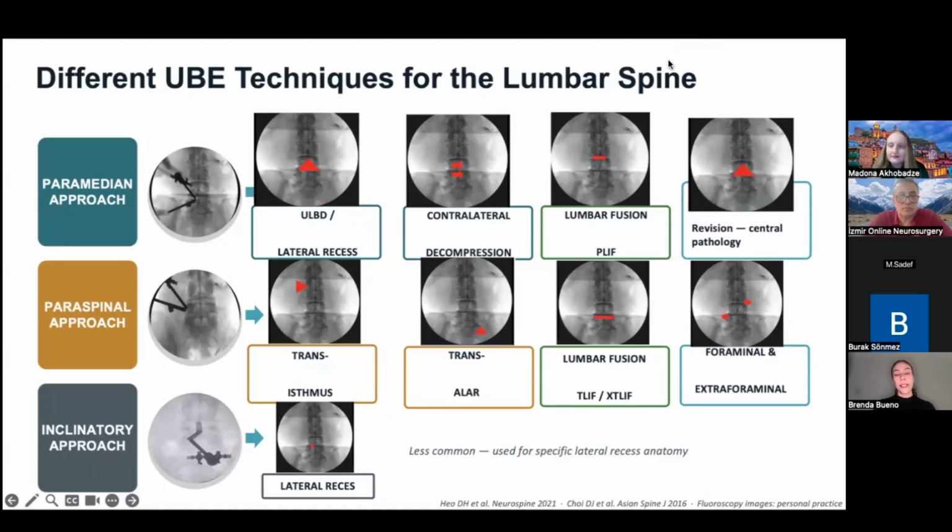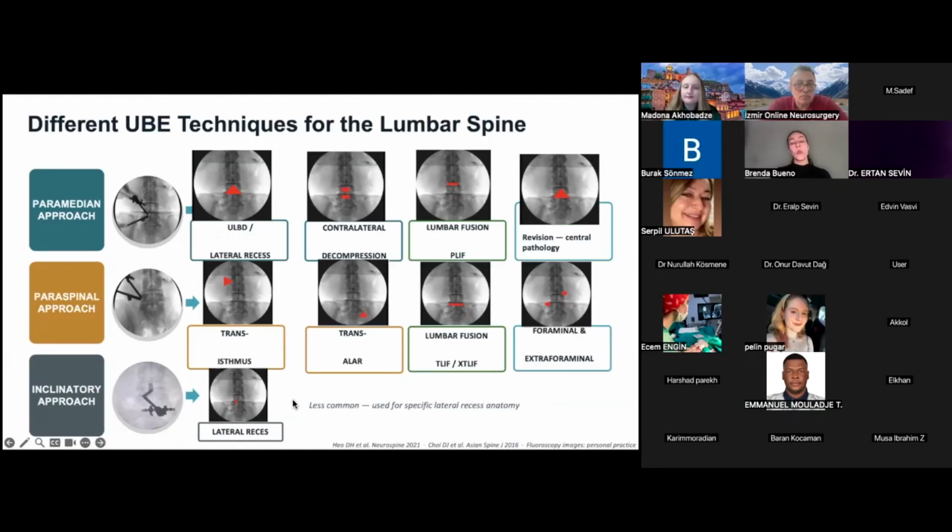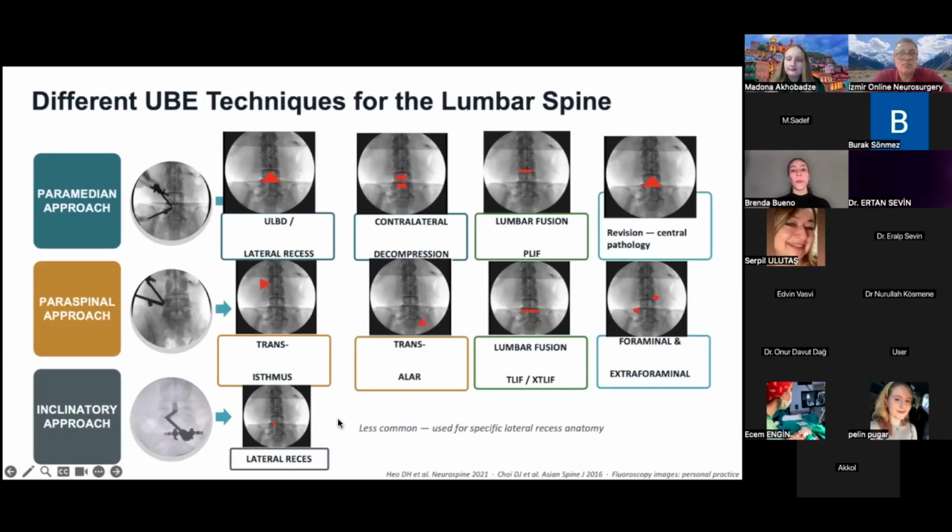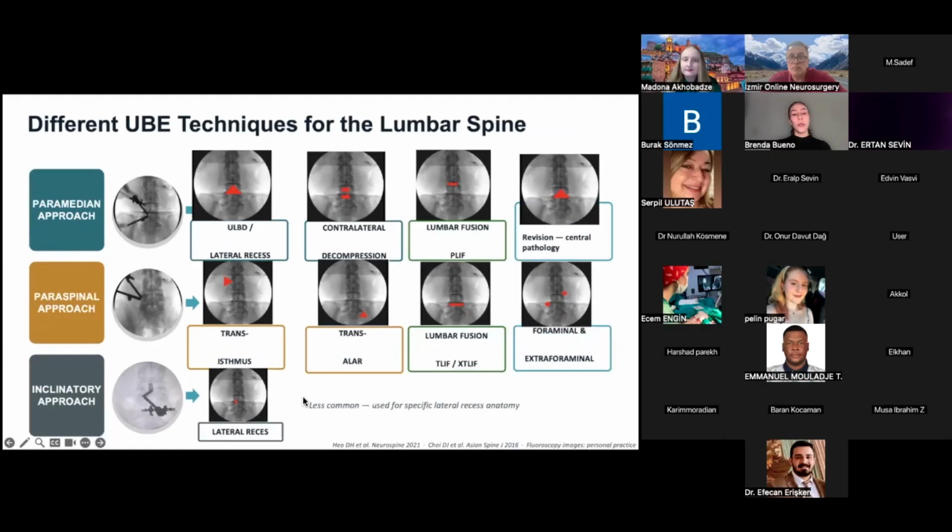We can do transisthmus, transalar, lumbar fusion, foraminal, extraforaminal, far lateral pathology. For lateral recess it is less common because you can use another approach, but it is really used for lateral recess, especially for cyst or bone pathology. But you need a lot of experience to do this approach.